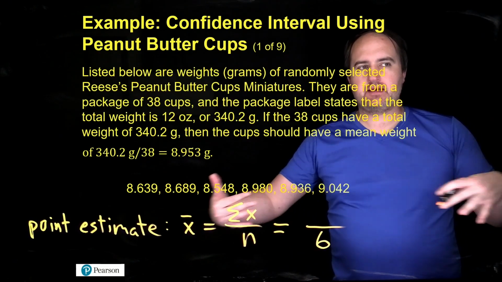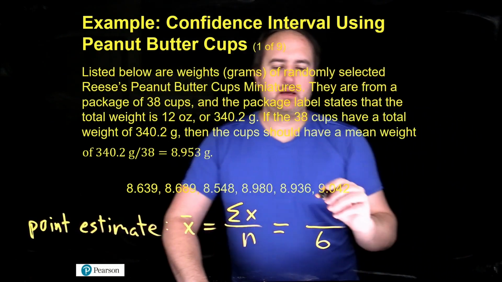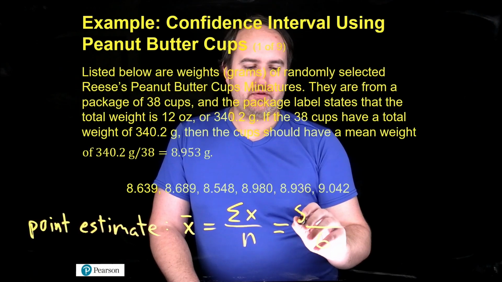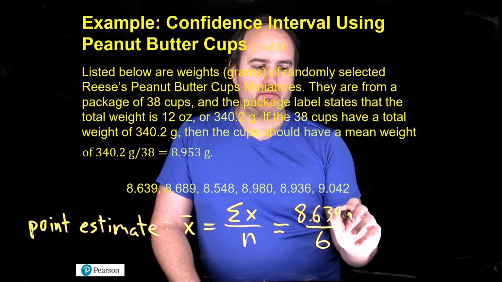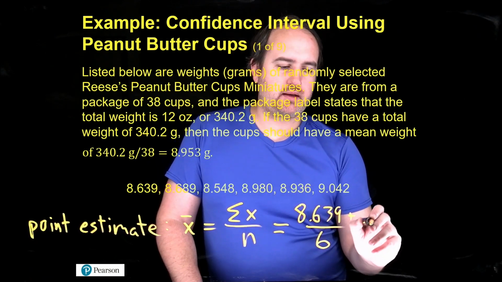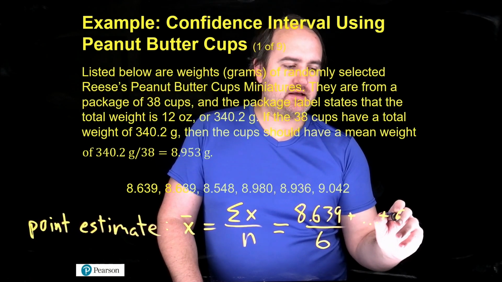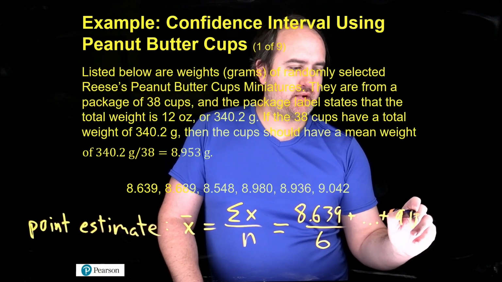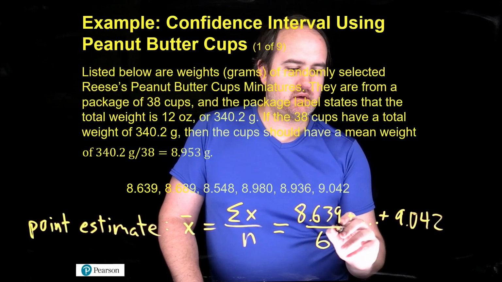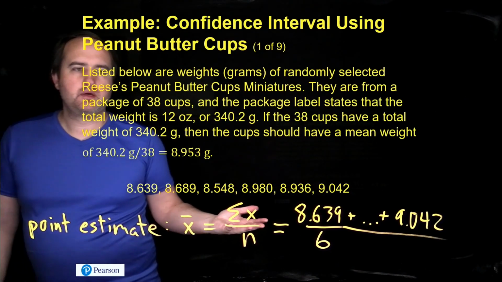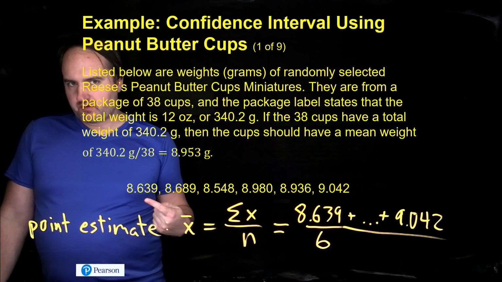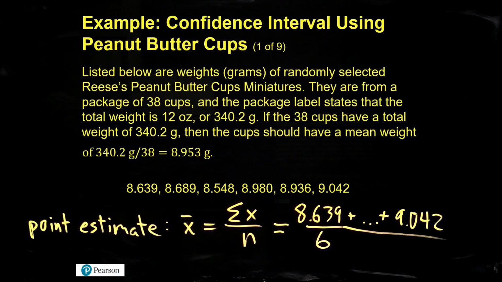I don't have enough room to write all that, but it's going to be the first data value, 8.639, plus the second data value all the way up to the last data value, which is 9.042. Clearly you would want to do this on a calculator when you have a bunch of decimals like this. So let me get my calculator, and then we will do this.